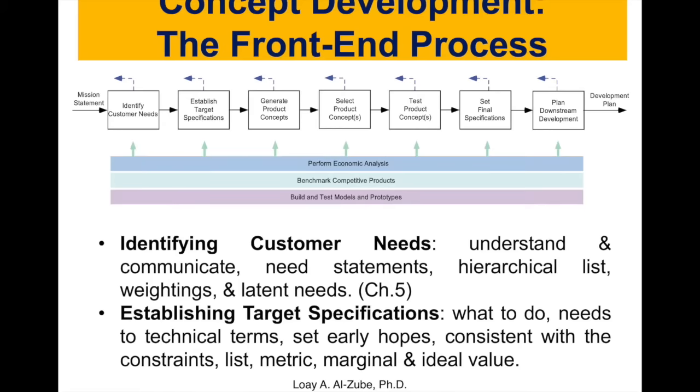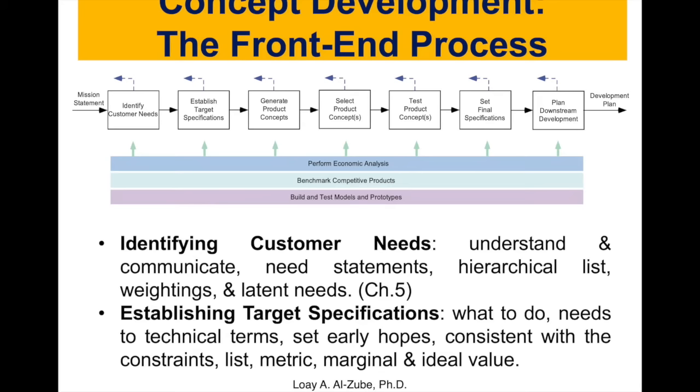And then we build and test models and prototypes. All of these are part of the concept development phase. It's going to be a long one when you do this for your product, the semester long project. So let's start with them.